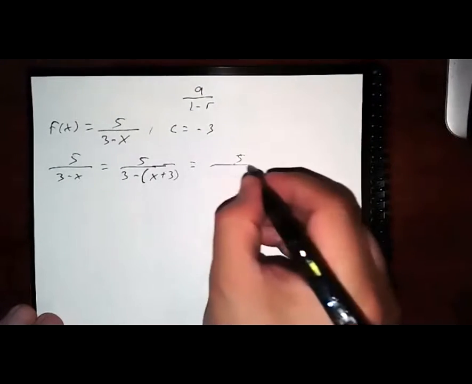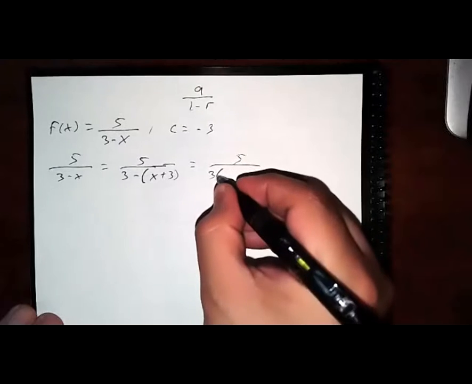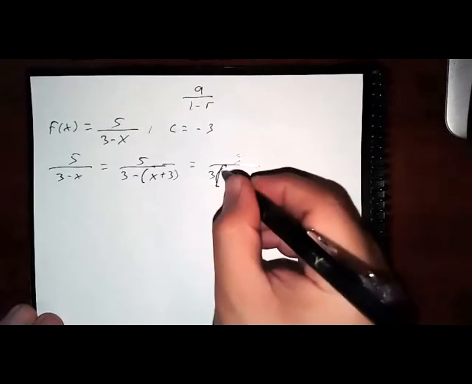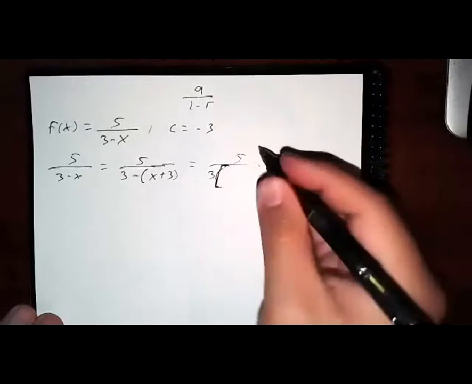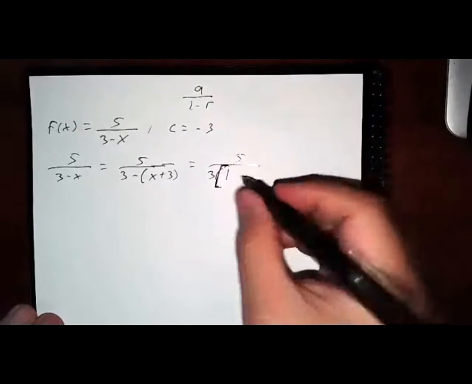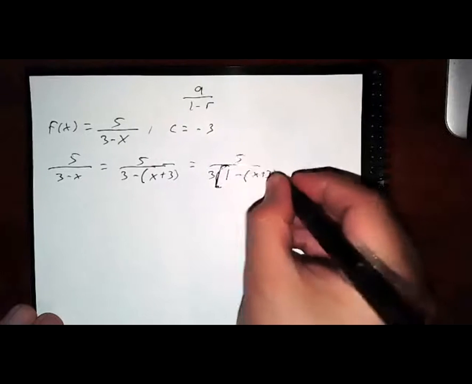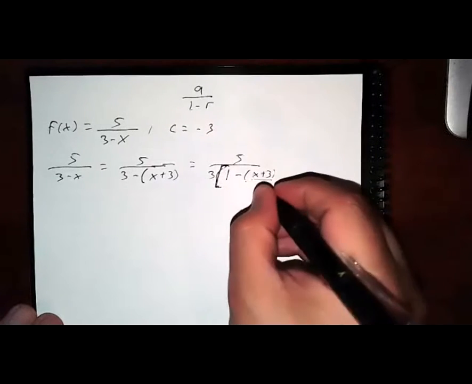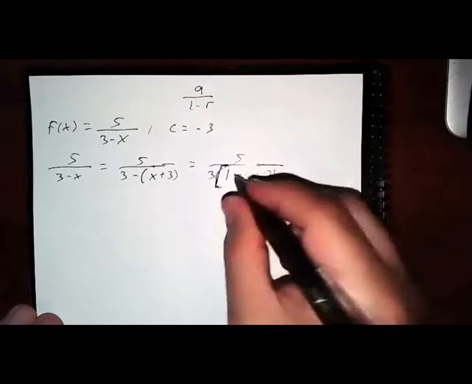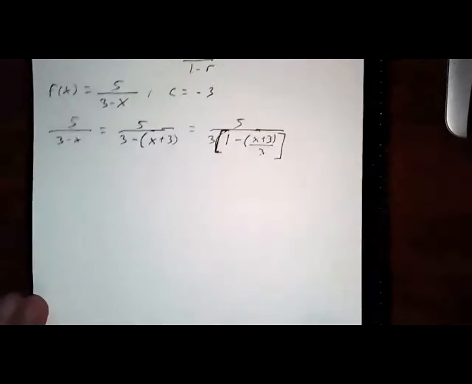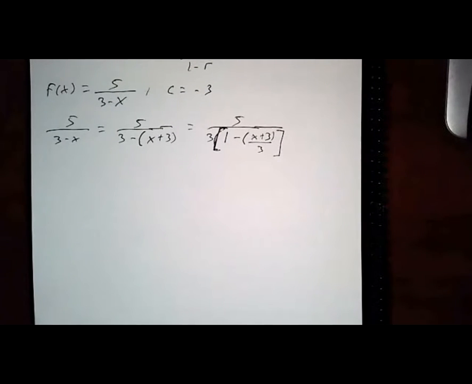So I factor a 3 out of the whole bottom part, so I'm going to put a bracket. So this becomes a 1 minus (x plus 3) over 3, because I factored a 3 that wasn't there, so I had to divide to compensate. Okay, so now I'm almost there.